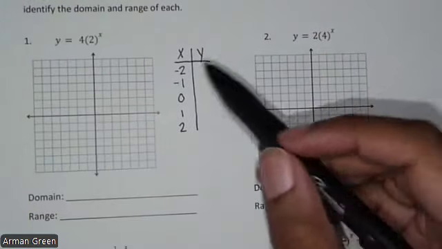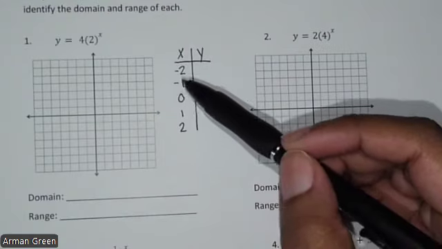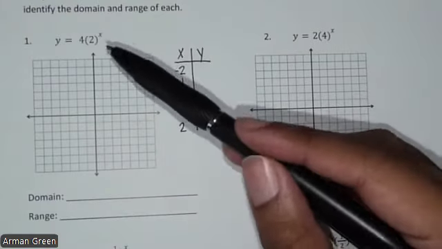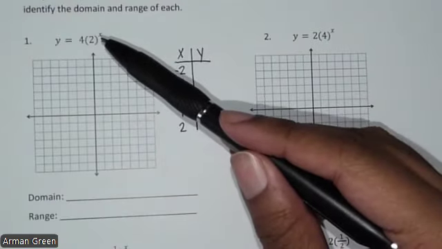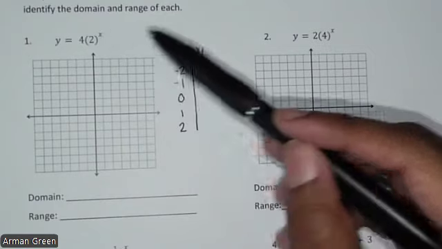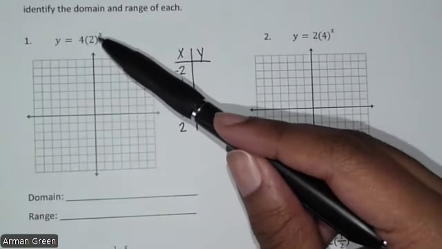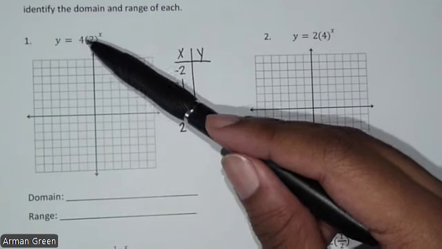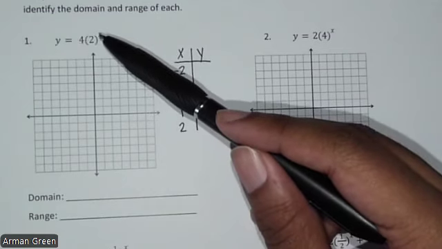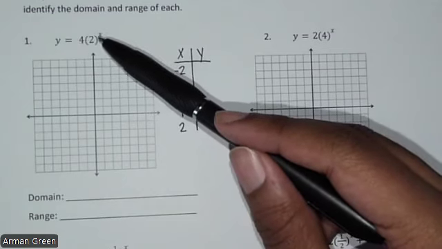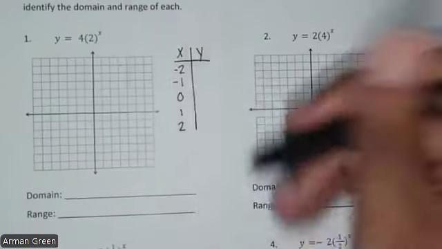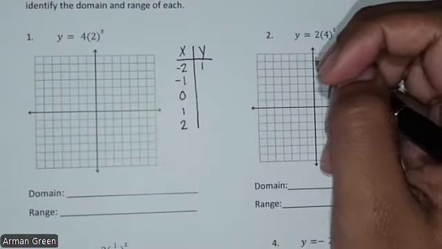These are your x values, and we're going to take each of these x values, plug it into this function, and see what we get. If I plug in -2, in my calculator I need to plug in 4 times 2 to the exponent of negative 2, and I get 1.